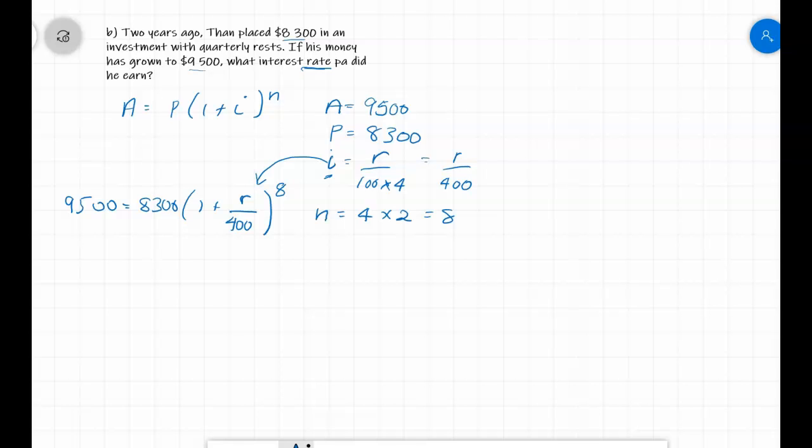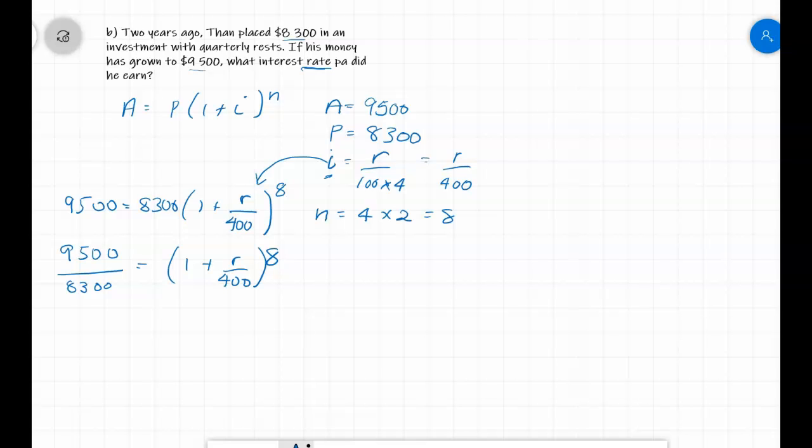The first thing I can do is divide 9,500 by 8,300, and that'll give me on this side 1 plus R on 400. Don't freak out, this is not as tricky as it looks, it's just one step at a time.